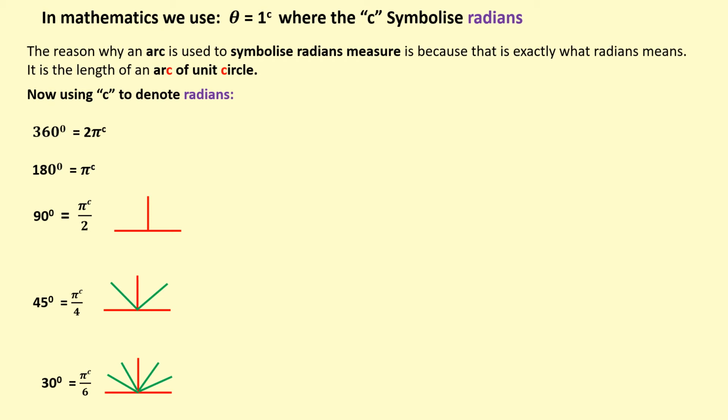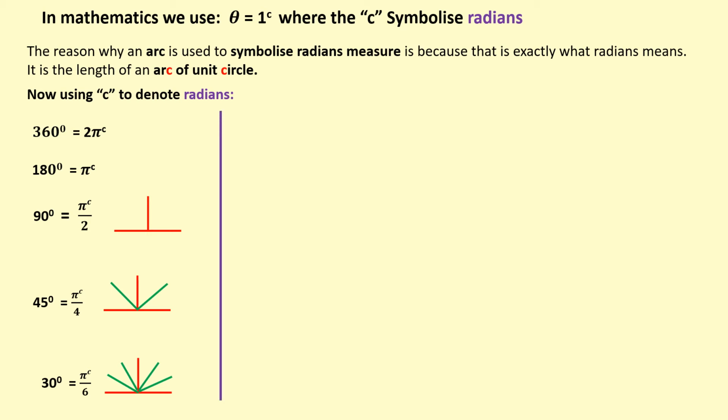So giving me 6 equal angles. So 180 divided by 6 would give me 30 degrees. So therefore that's pi radians over 6. Now you don't need to memorize all of them. The first two, 360 equals 2 pi radians, and pi radians being 180, is good enough to work out any other facts.